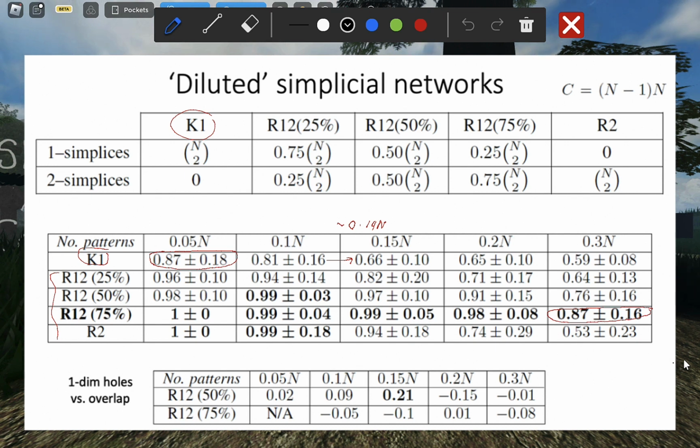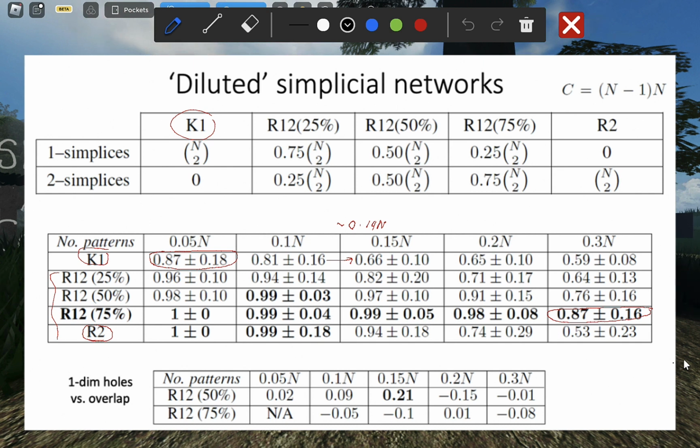So these results indicate that the high dimensional weights are important, but it's not just that you have a large number of them; they're actually more meaningful or more impactful on the dynamics. Interestingly, though, R2, which is only 2 simplices, performs pretty badly. So apparently you need some of these low dimensional simplices in order to balance out and affect the dynamics more precisely.